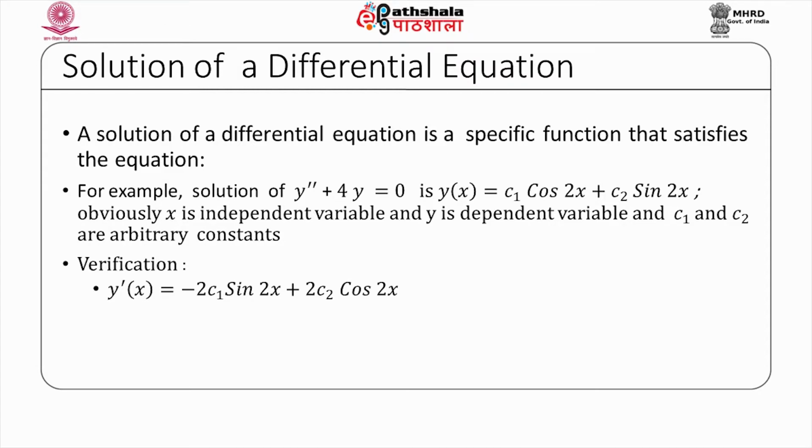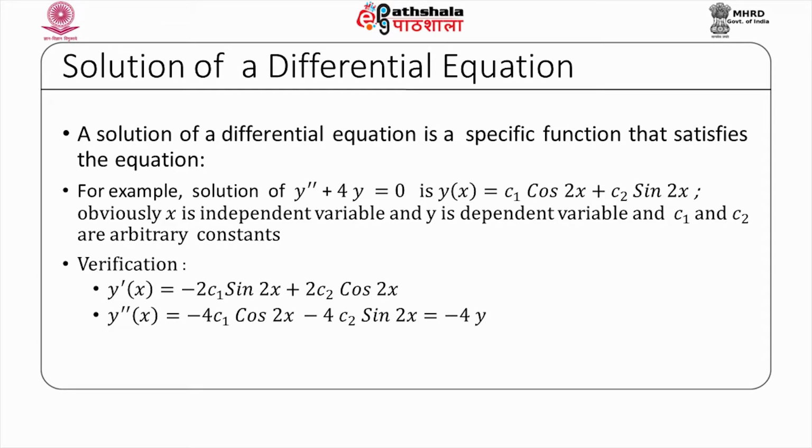Our differential equation involves the second derivative of y, y double dash plus 4y equal to 0. So, let us differentiate this y dash once more. When we differentiate, y double dash(x) is minus 2 c1, the constant multipliers remain as they are, into the derivative of sin 2x, which is 2 cos 2x. So, we get minus 4 c1 cos 2x plus 2 c2 into the derivative of cos 2x, that is minus 2 sin 2x. So, we get minus 4 c2 sin 2x.